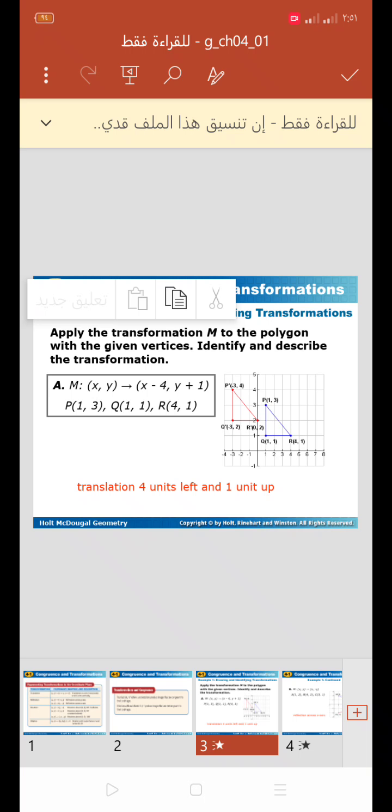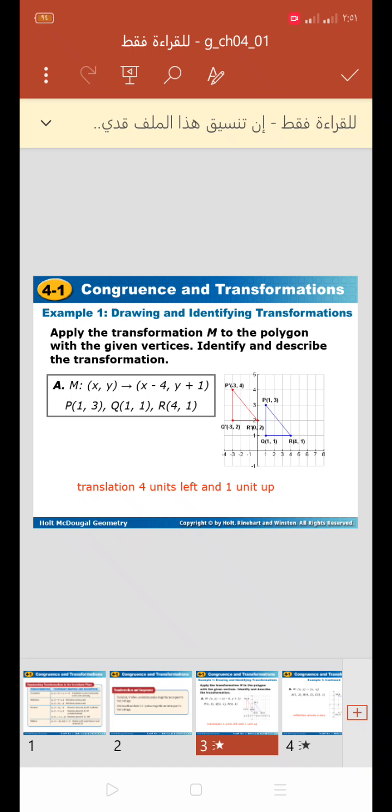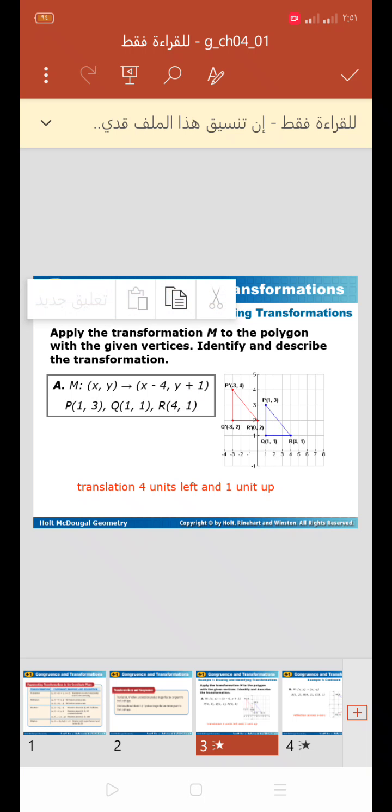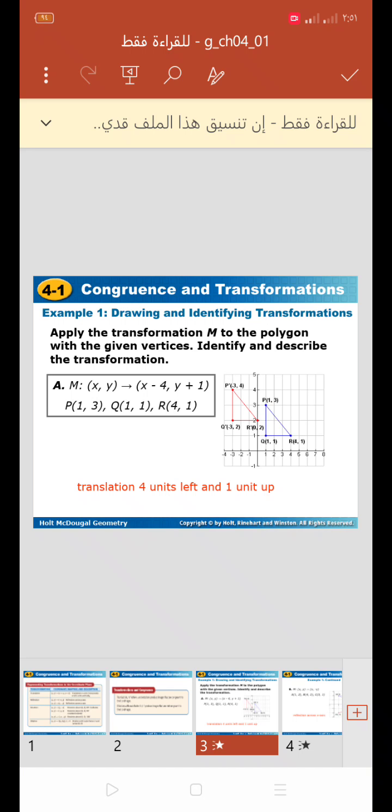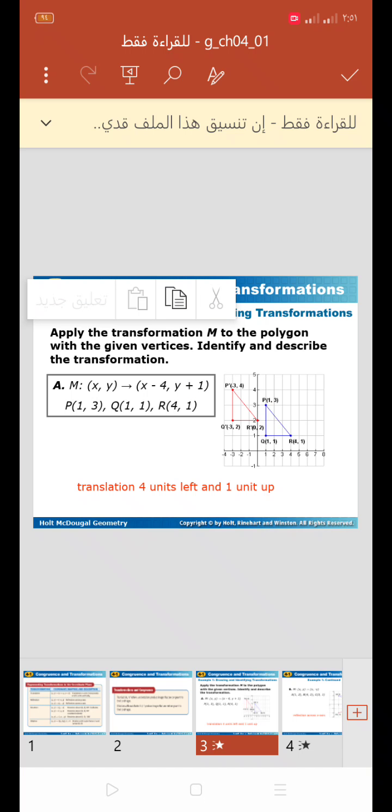We will get P dash, Q dash, R dash using this transformation. Remember, for translation, it says minus or plus for x and y. So here it is minus 4 for x and plus 1 for y.